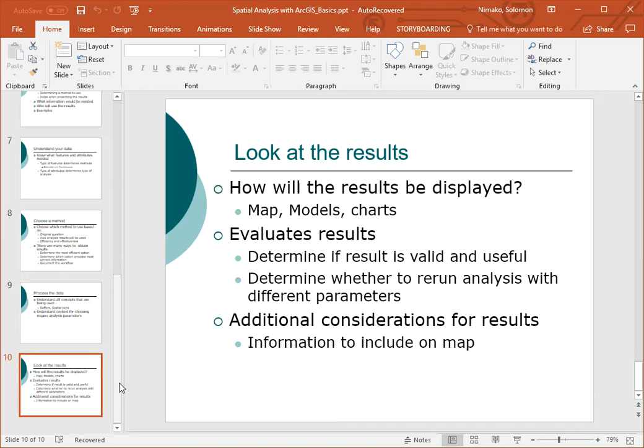So it's always good to determine if the result is valid and useful, and that could be done by a professional GIS person or somebody with local knowledge or a local expert in that area. So those are some of the things we talked about in class regarding analysis.